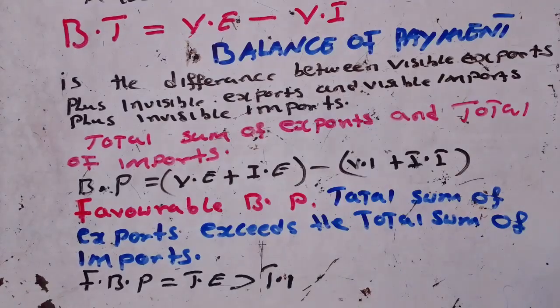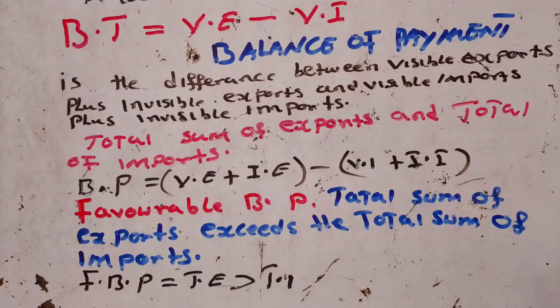So this is what we call favorable balance of trade, favorable balance of payment. When the total exports exceed the total imports, we call it favorable balance of payment.